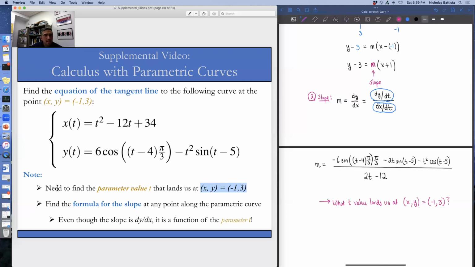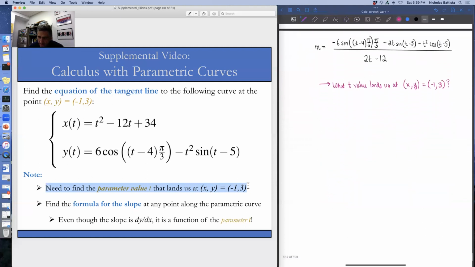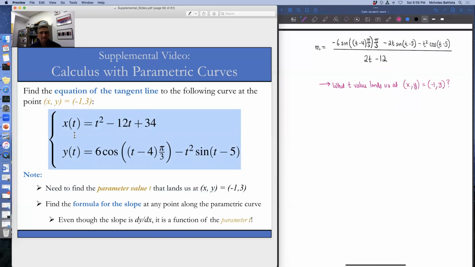So that's really our next goal here, finding the parameter value t that lands us at the correct x and y point along that curve. So what this means is we need to find the t value that when we plug it into the x equation, we land at -1, and the t value that when we put it into the y equation, lands us at y equal to 3.